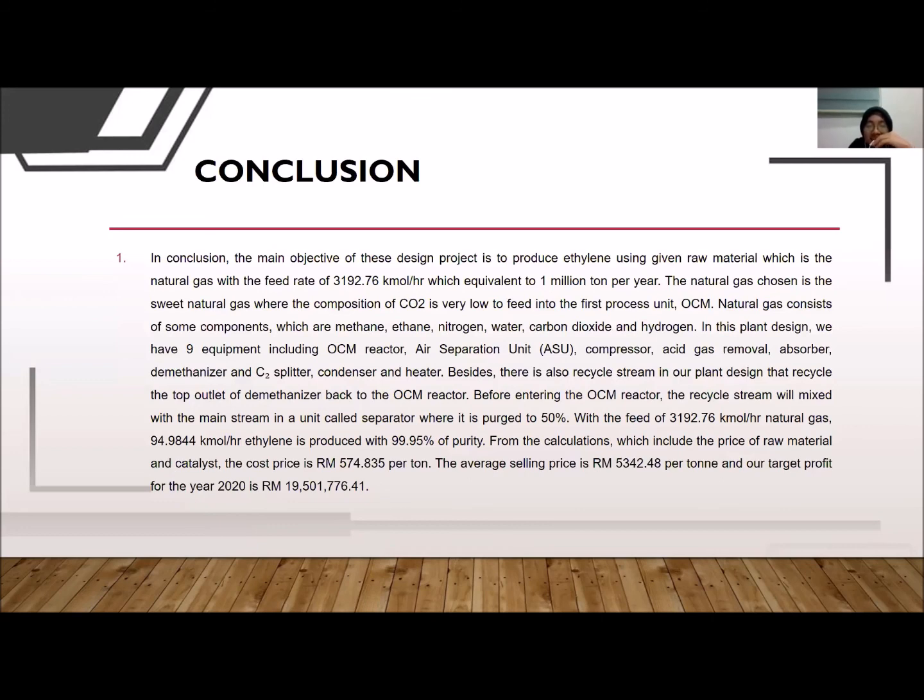94.9844 kmol per hour of ethylene is produced with 99.95% purity.